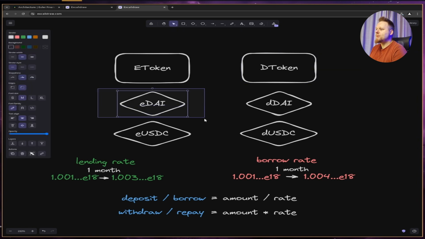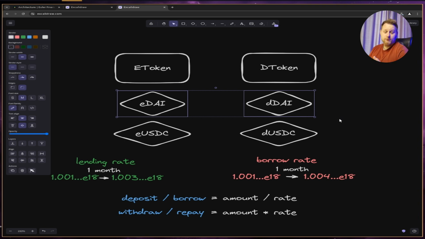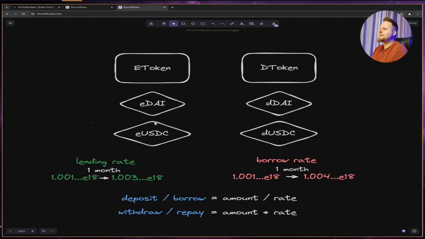So for example, we have E DAI and D DAI. So for DAI on Ethereum, we have two of those tokens. The same for USDC, we have EUSDC and DUSDC, and so on. Every token had to have this in the case of Euler.